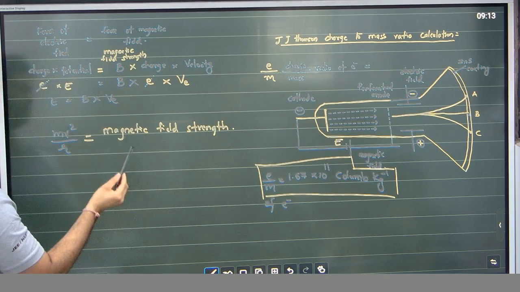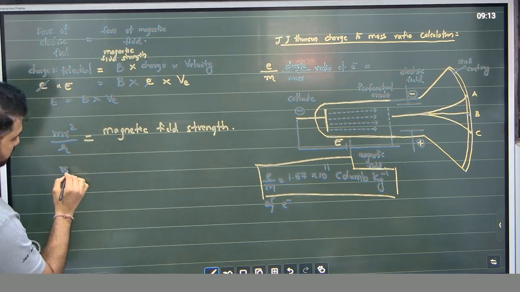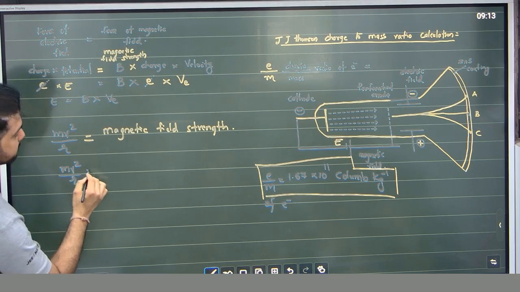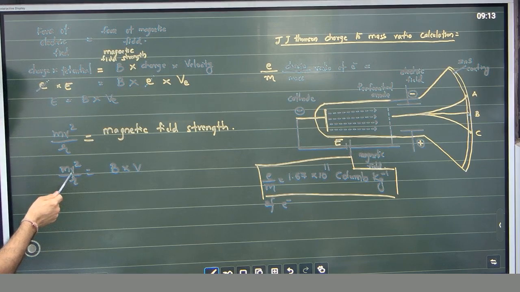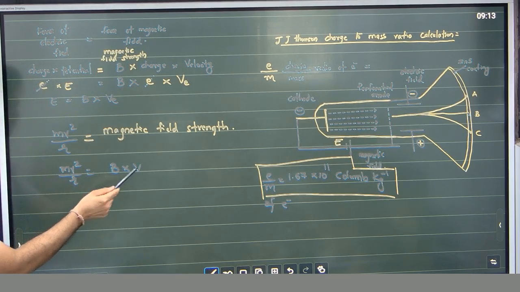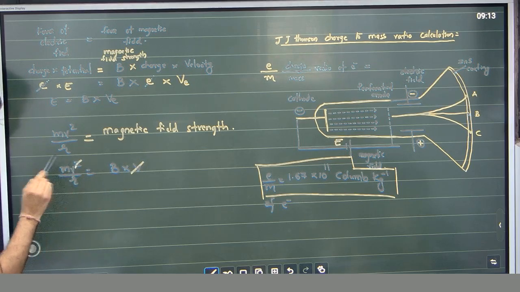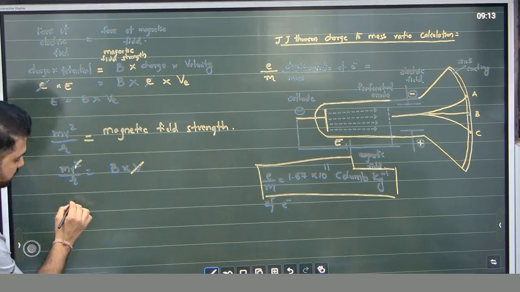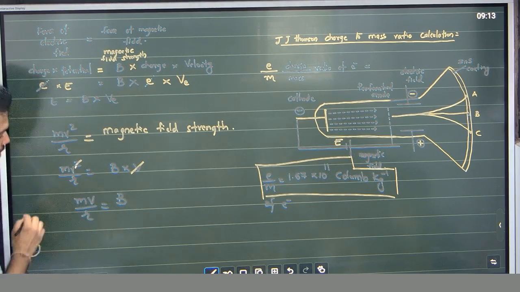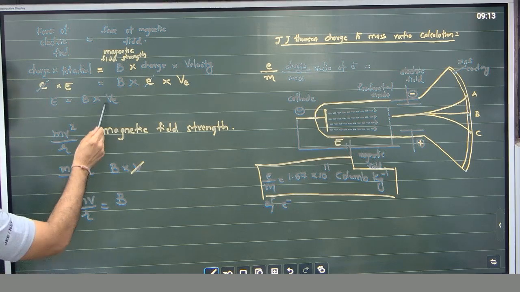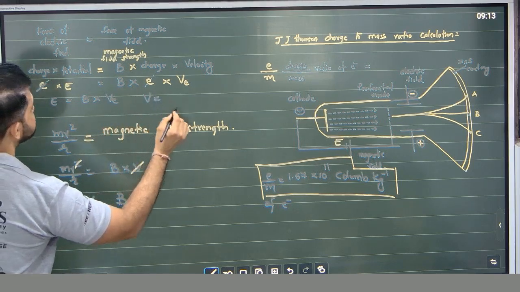How much did we get the value as? B into velocity of the electron. So what do we have here? mv by r is equal to b. From here, what do you get the velocity formula as?